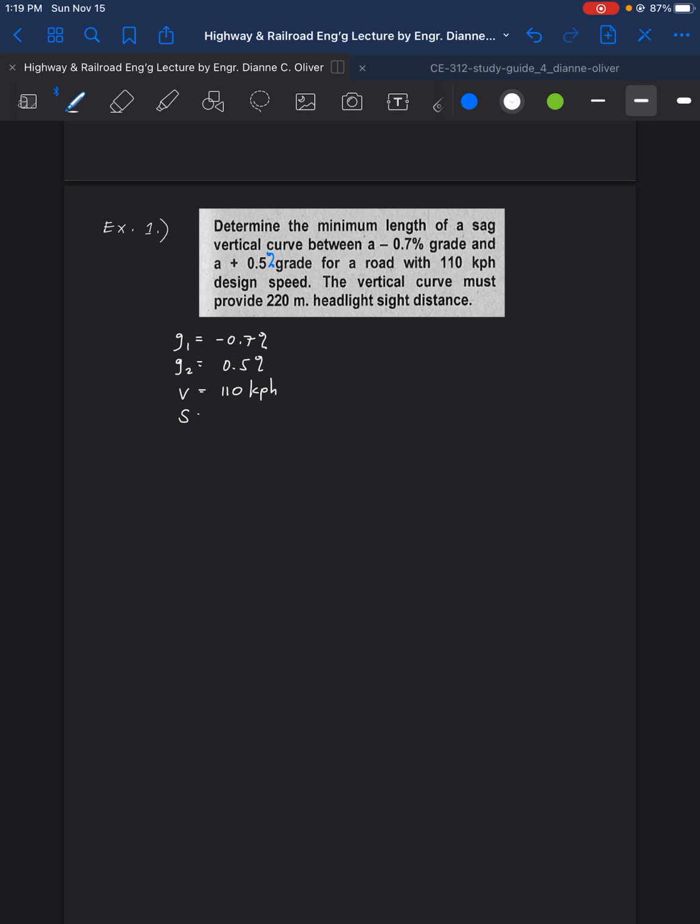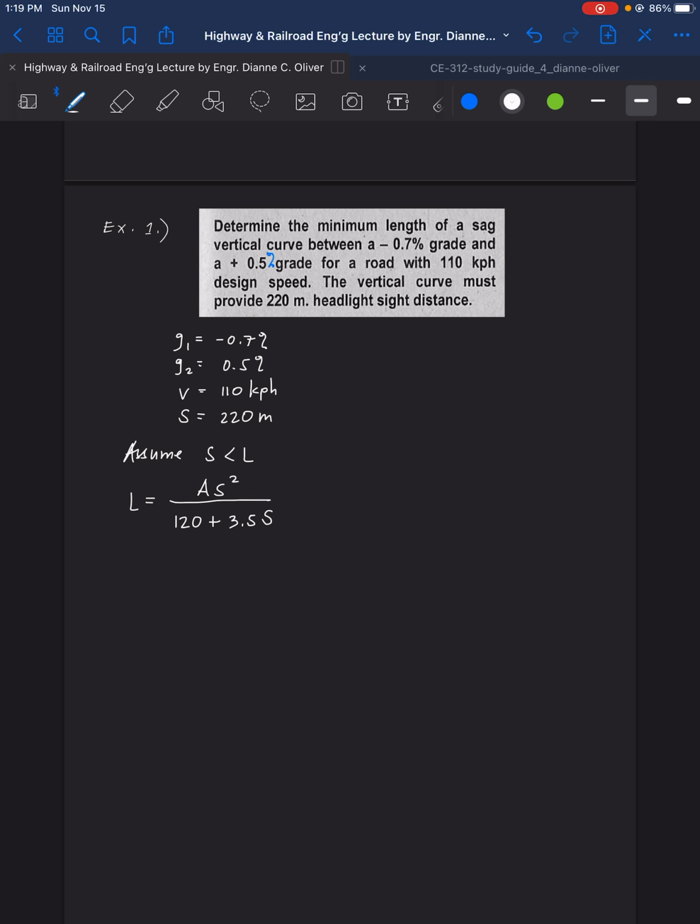Then the sight distance is equal to 220 meters. Now assume that S is less than L. So we will be using the formula L is equal to A S squared over 120 plus 3.5 S.